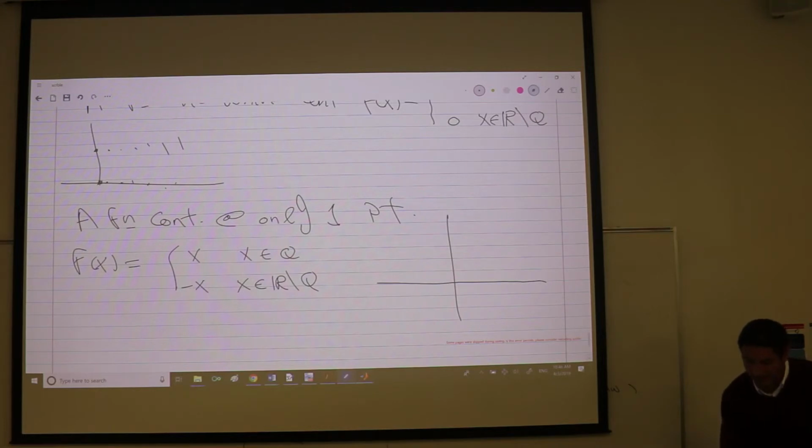If x is in Q, it goes like x. But between them, it goes like negative x, right? Here, here, here, here, here. Between these guys. So this is here, and so on and so on.